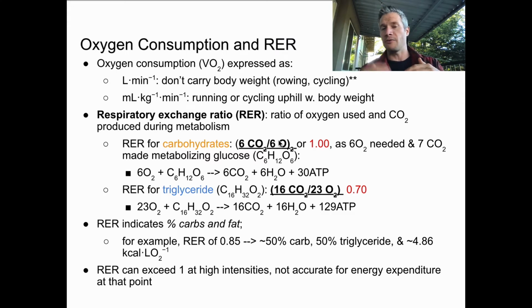A ratio is just a fraction, really, versus how much carbon dioxide we expel relative to the amount of oxygen we pull in. We can see that roughly for every 6 oxygen molecules that we bring in, we expel, or breathe out, 6 carbon dioxide. And so when is this happening? Where is this, when and how? Well, this is when we're metabolizing carbohydrates, in particular glucose.